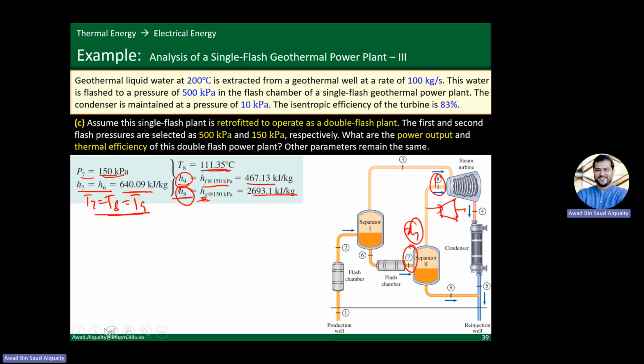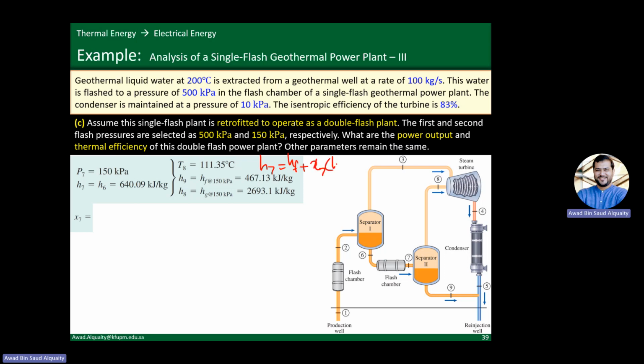Now, just like what we did previously, we need to find the quality, right? Quality at state 7. So how do we find the quality at state 7? We use the exact same method, right? So at state 7, after flashing, what we have is a mixture of liquid and vapor. And so you find its enthalpy as HF plus X7 times (Hg minus HF), right?